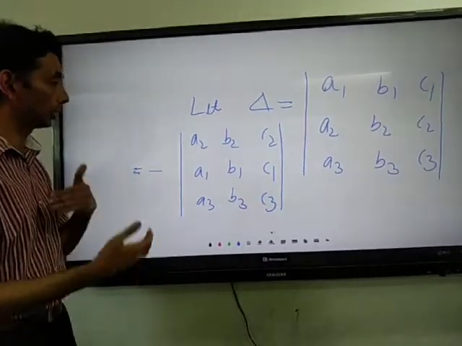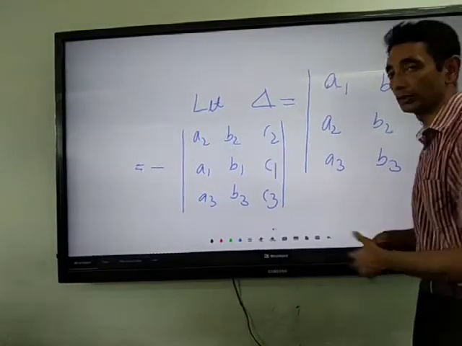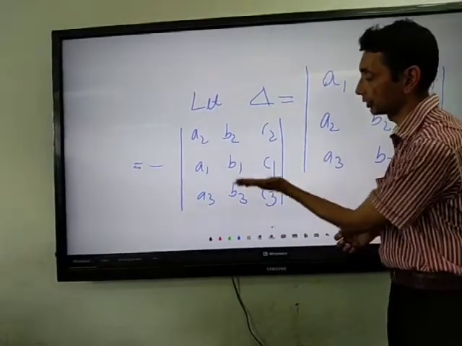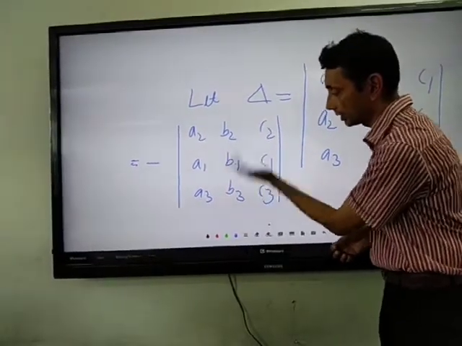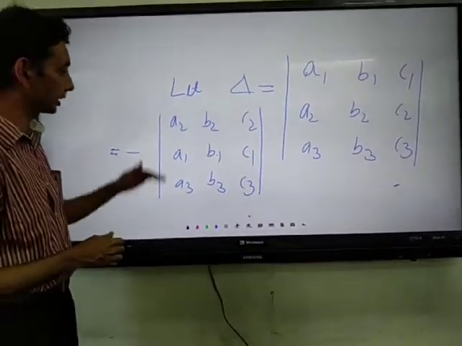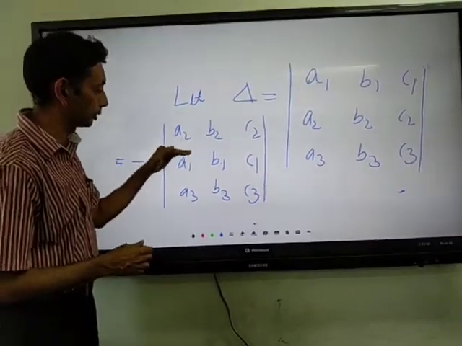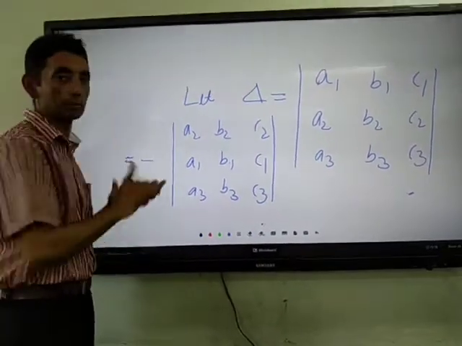Now if we repeat this property on the same determinant once more, say we are going to interchange the second row and the third row. Again, if we interchange the second row and the third row, the third row comes to the second row position and the second goes to third, so there will be another minus sign.